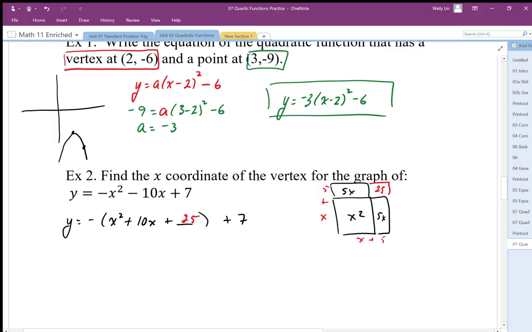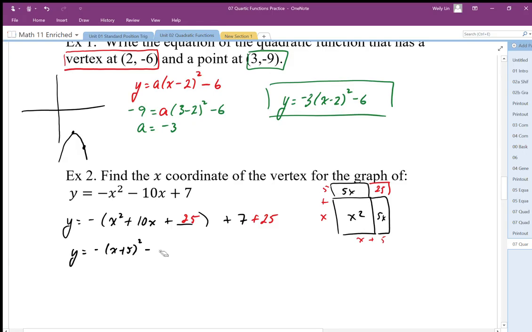Now this is a problem because I now have unbalanced my equation. So I've added in one negative group of 25. So I have to balance that with a positive 25 on the same side of the equation. Once I've done that, I now have my completed square. I've balanced my equation, and I can solve for it.